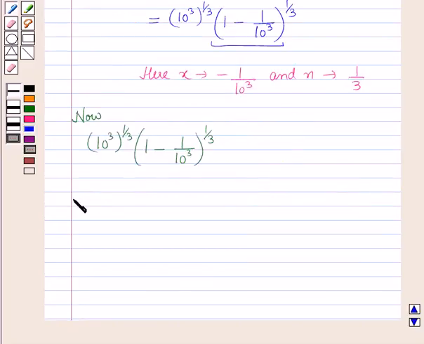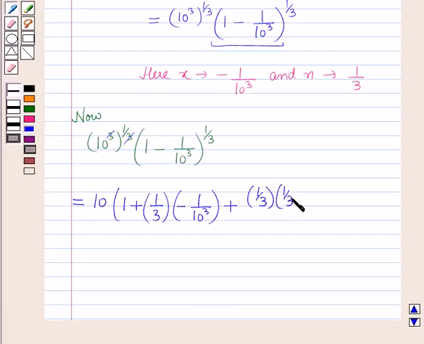So this will be equal to, here 3 will be cancelled with 3, so it will be 10 into 1 plus nx, which will be 1/3 into minus 1 over 10^3, plus n(n-1), that is 1/3 into (1/3 - 1) over 1 into 2 into x square, that is (-1/10^3)^2, plus so on.